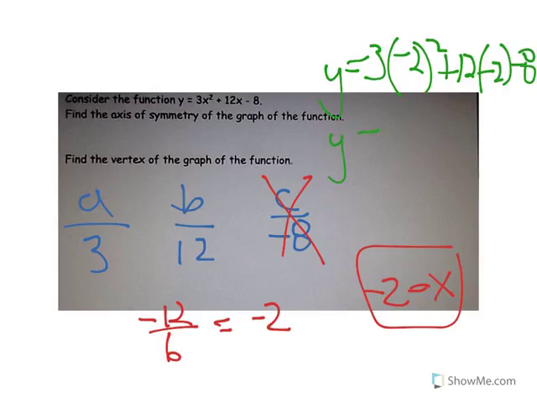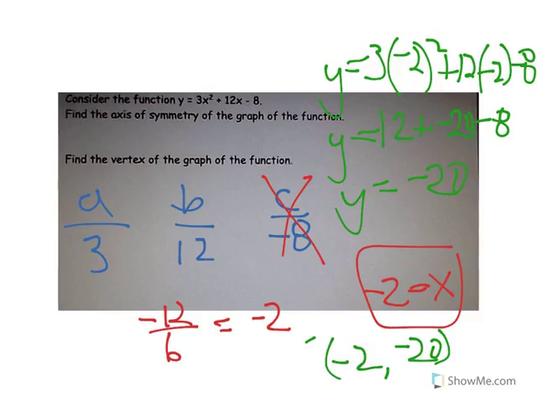It's going to be y is equal to 3 times 4, which is 12, plus -24 minus 8. So 12 minus 24 is -12, -12 minus 8 is -20. So the actual point should be -2, -20. That's where the actual point should be for this graph. That's going to be the actual vertex of the parabola.